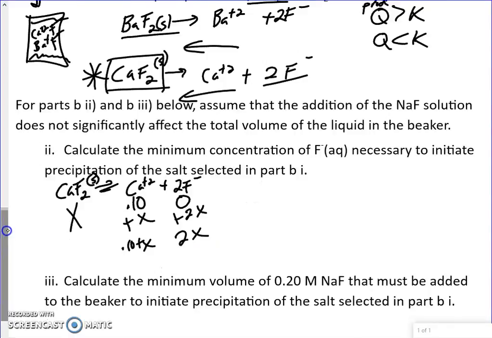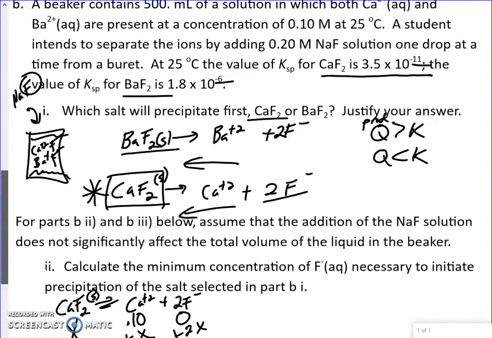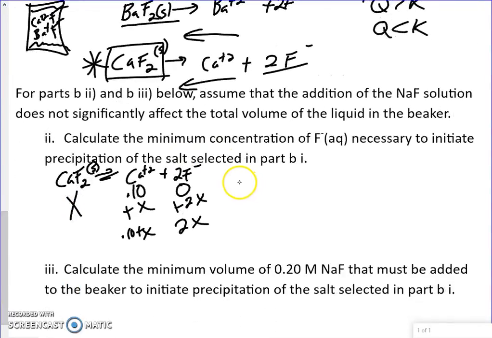So solving this out, we need our K value. The Ksp value up here is 3.5 times 10 to the negative 11. And that's going to be equal to 0.1 times 2x, and remember, this is squared. So we divide by 0.1, and we'd get 3.5 times 10 to the negative 10. We're then going to take the square root and get whatever that concentration is, because that's a concentration of fluorine.